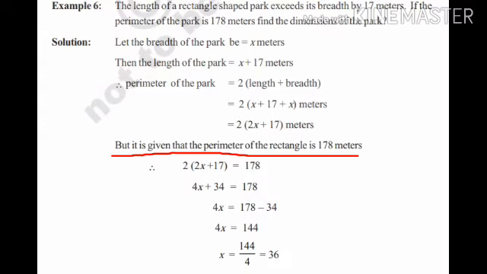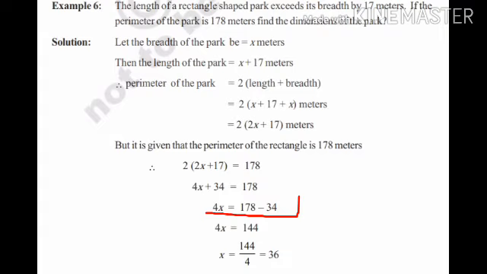But it is given that the perimeter of the rectangle is 178 meters. Therefore, 2 into (2x plus 17) is equal to 178. Here, multiply 2x plus 17 with 2, that is 4x plus 34, that is equal to 178.